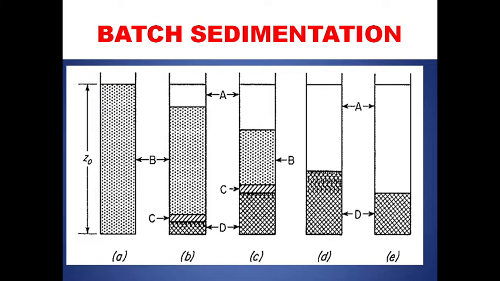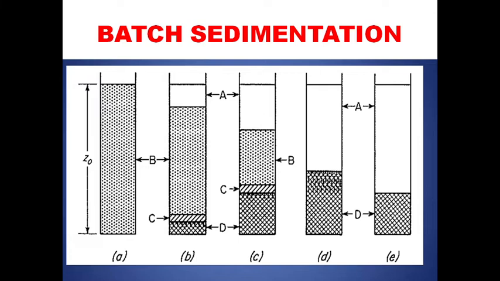So this is the schematic diagram of batch sedimentation. There are several stages in the settling of a flocculated suspension, and different zones are formed as the sedimentation process proceeds.